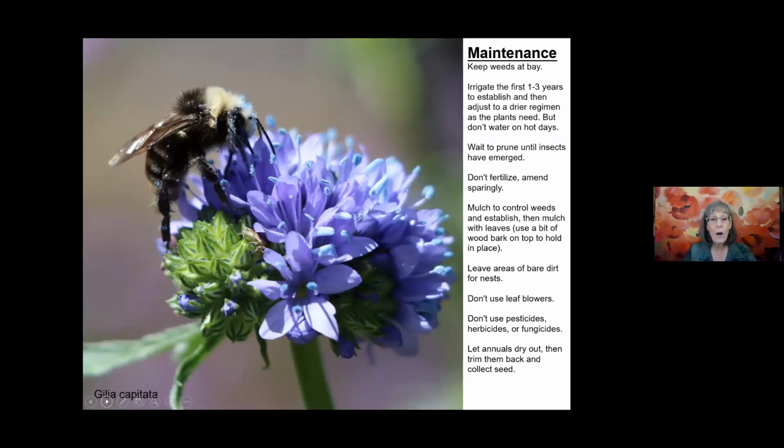So once you have your garden, how do you keep these organisms alive? In our gardens, we put a lot of time in the first few years to keep the weeds at bay. And then as you keep adding more native plants, you'll find that the weeds don't compete as well.